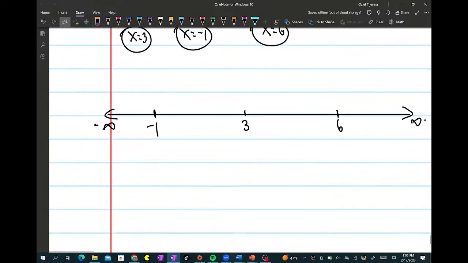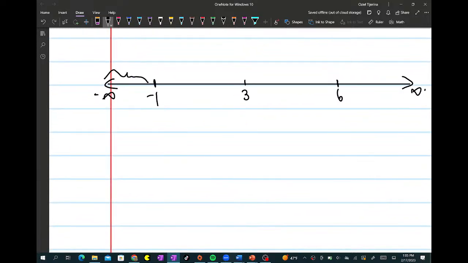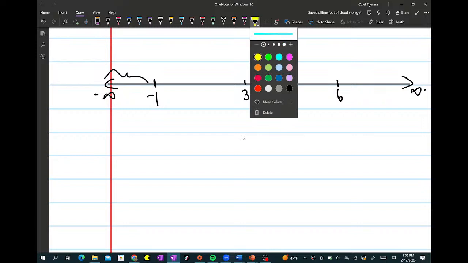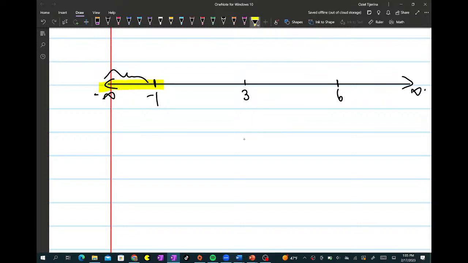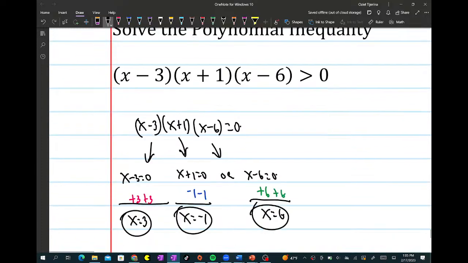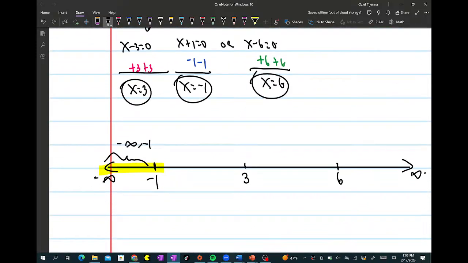Every time you go from one number to the next, you highlight it or make a little label. So we have this part, negative infinity to -1. Since we are doing less than or greater than 0, it's a little bit complicated.